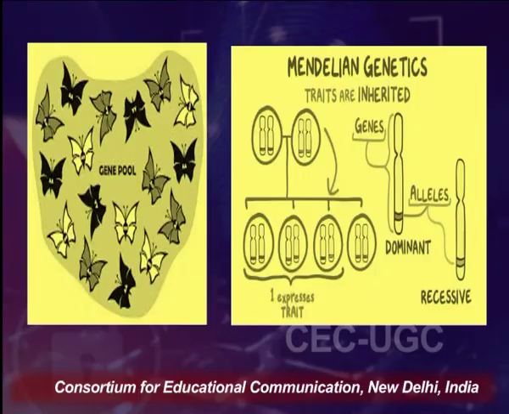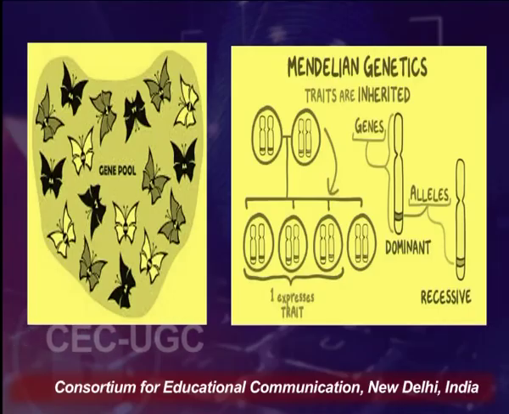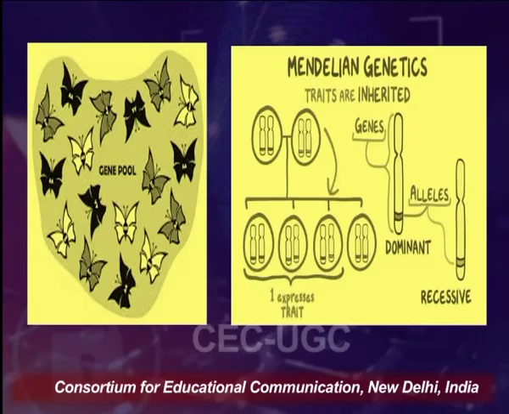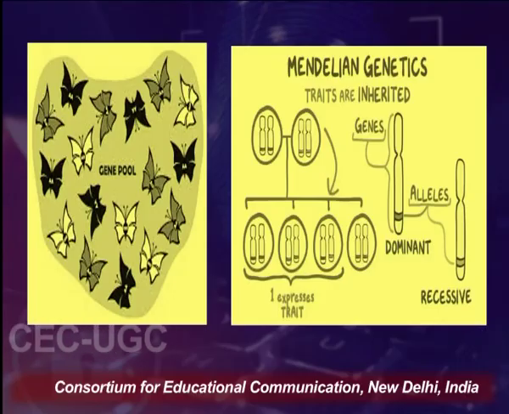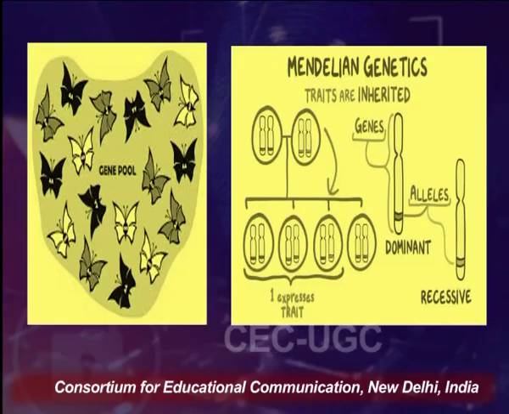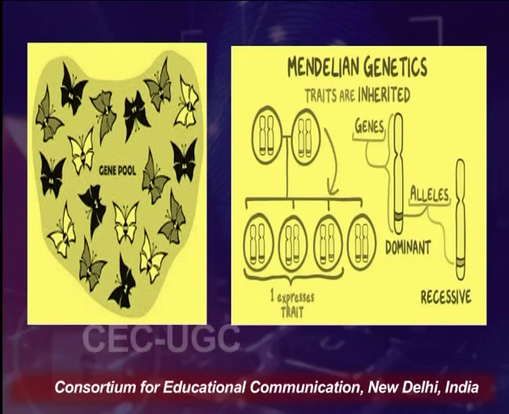So, when we talk about the gene pool, we say the total of genes in a particular community breeding population. And in Mendelian genetics, these traits are inherited from the combination of the chromosomes of the mother and the father. So, there are certain traits which are being transferred to their children.